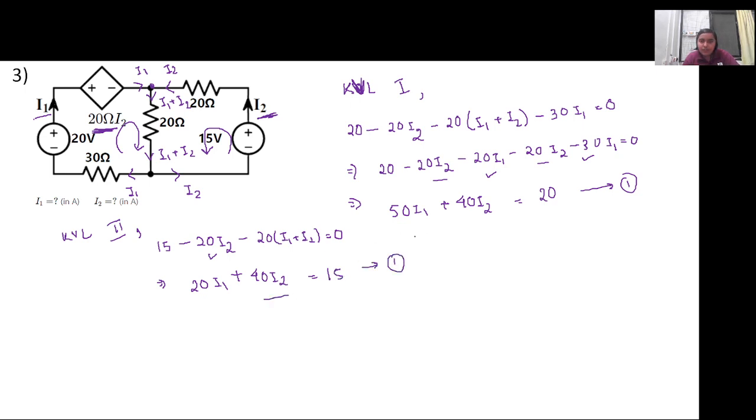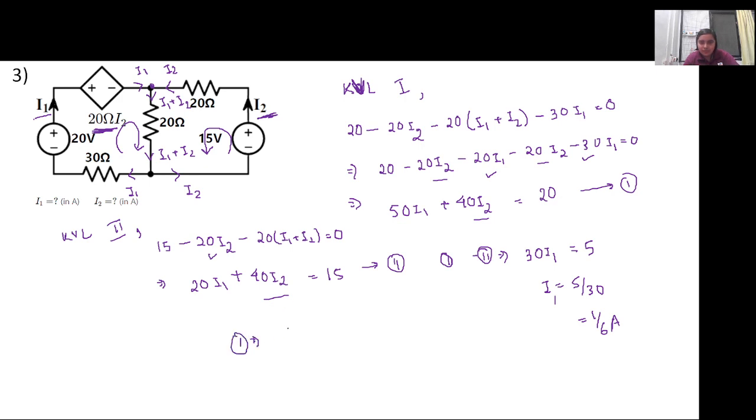If we subtract 1 and 2, we can get rid of this 40 I2. So 1 minus 2 will equate to 50 I1 minus 20 I1, which is 30 I1, and I2 will get cancelled, and 20 minus 15 is 5. So I1 equal to 5 by 30 or 1 by 6. We can plug this I1 into any one of the equations and calculate I2. Let's plug into the first equation.